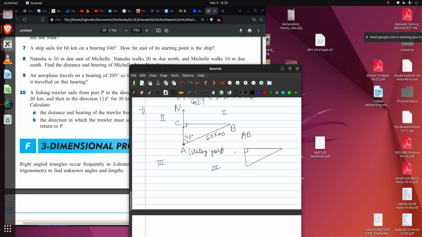And you know what is the final position of the ship? So we don't know what C to B is. Is this exactly what we are looking for? Yes, CB. That is what I'm looking for.